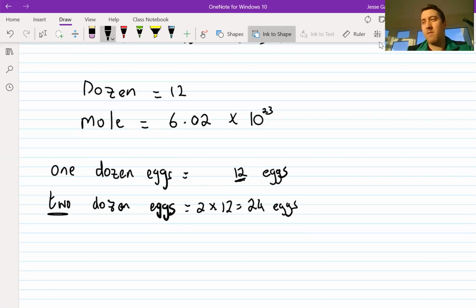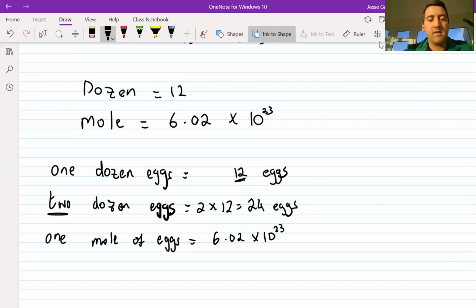Well, it's the same idea if we have 1 mole of eggs. That means we have 6.02 times 10 to the power of 23 eggs.